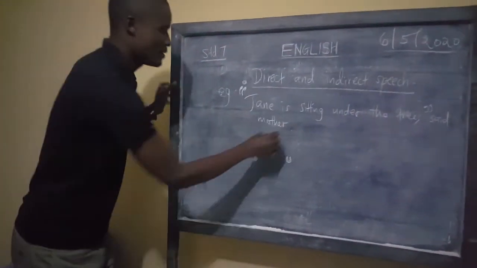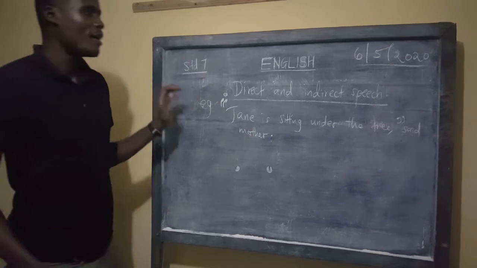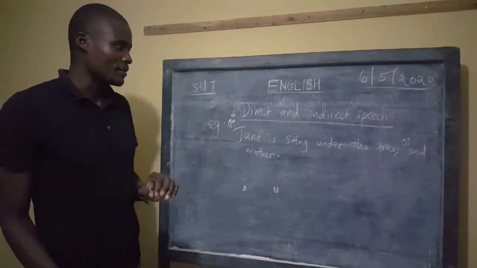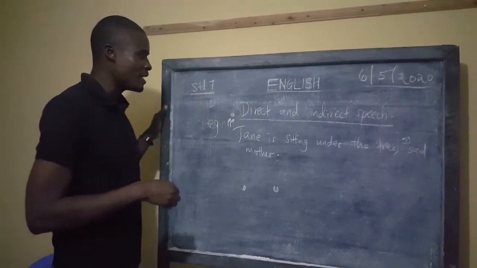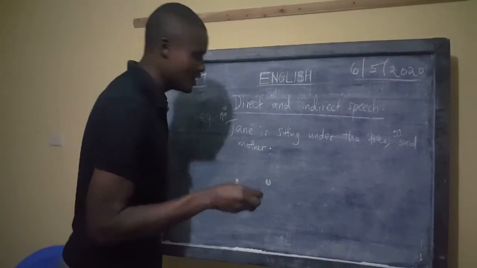A very good sentence. The speaker, whoever is speaking in this sentence, is mother. Mother is telling somebody that Jane is sitting under the tree.